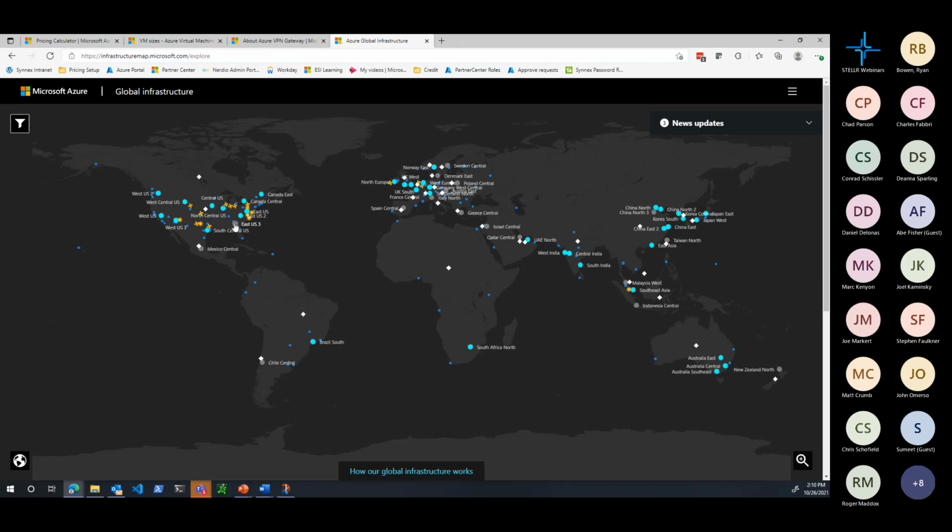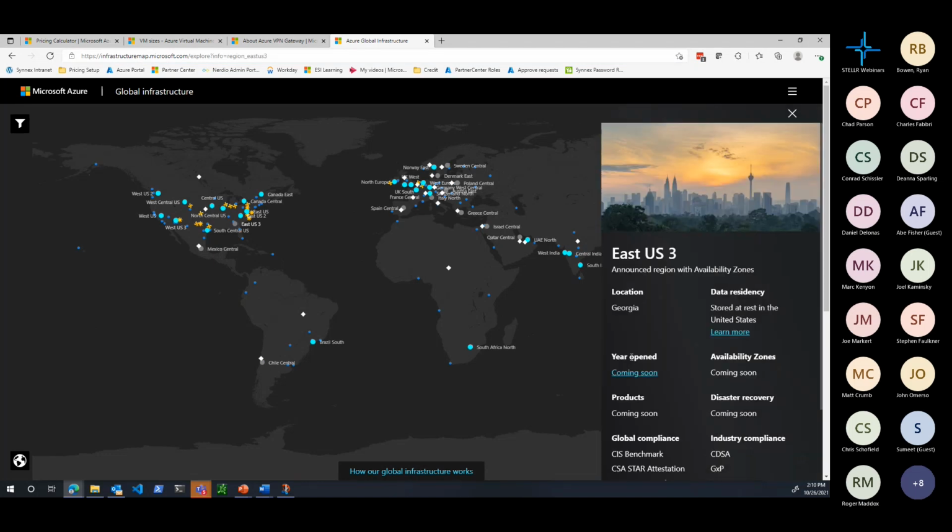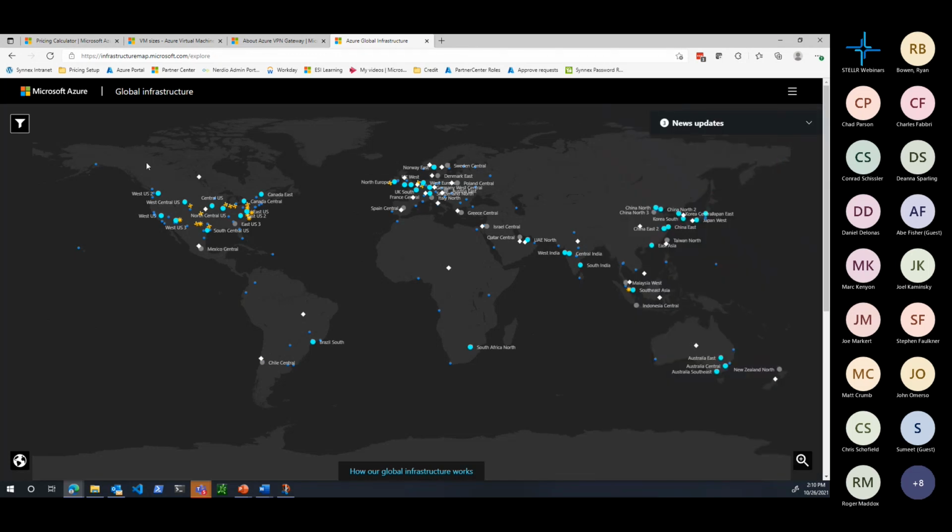They're building an East US 3, which I think is expected to come online very soon in the Georgia region. So we can tell where the data centers or those regions are set, including even the things that are in Asia and Europe and Australia and things of that sort.